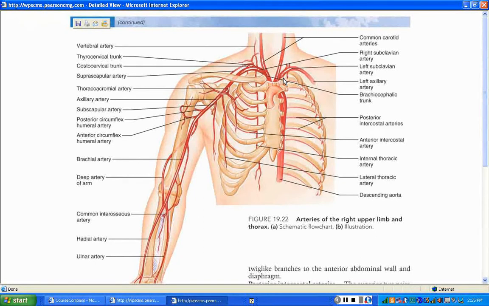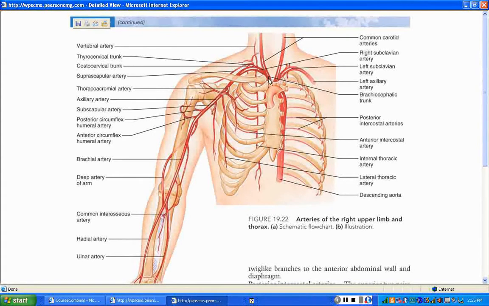Can you see a right common carotid? Look here. That's there. That's it. Notice the right common carotid doesn't go all the way to the aorta. I wish the picture didn't pop those little things up.